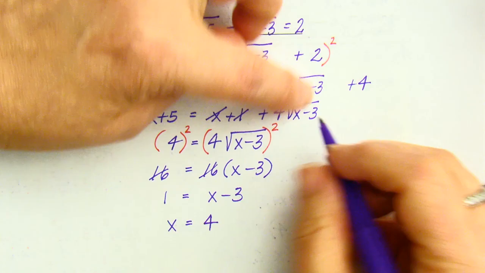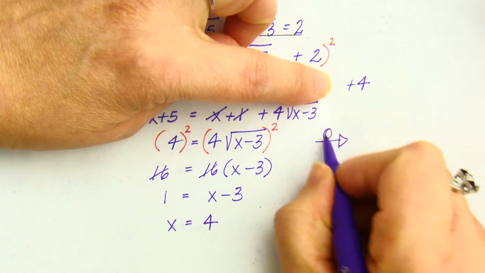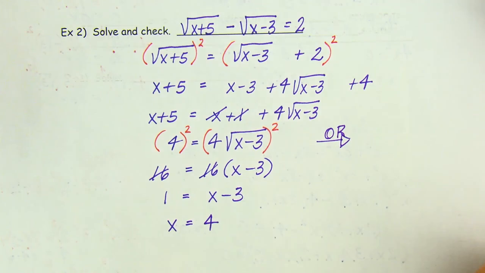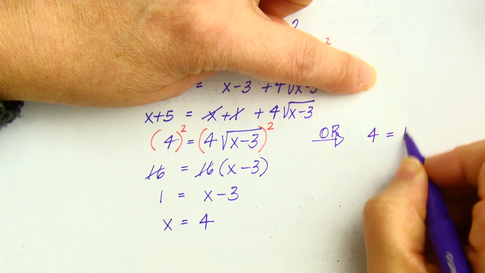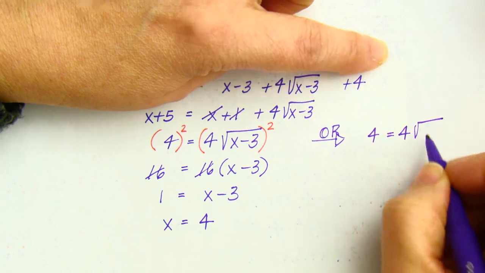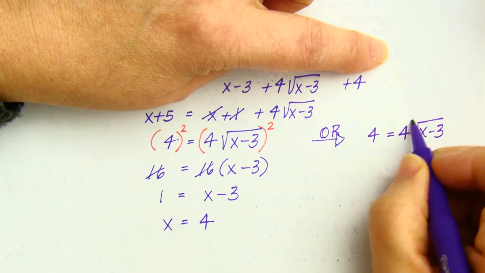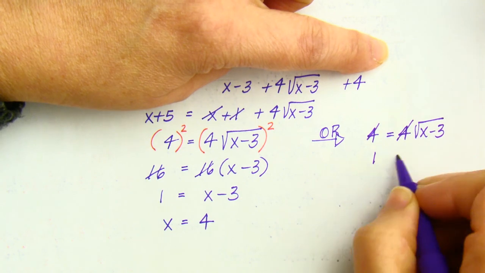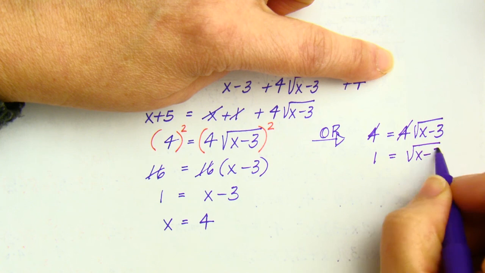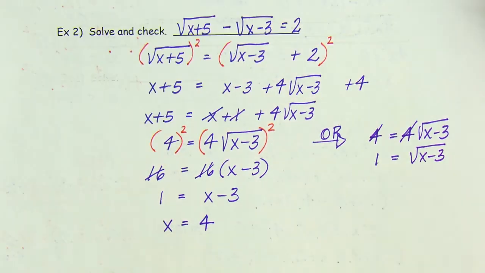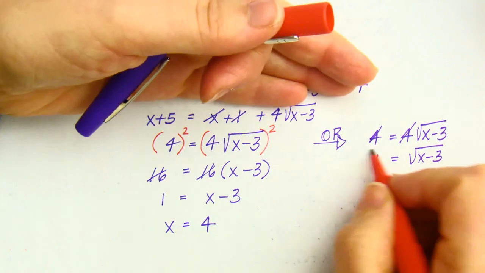So over here, I could have done, I'm just going to recopy it, 4 equals 4 times the square root of x minus 3. I could have divided by 4 here first, and then squared.